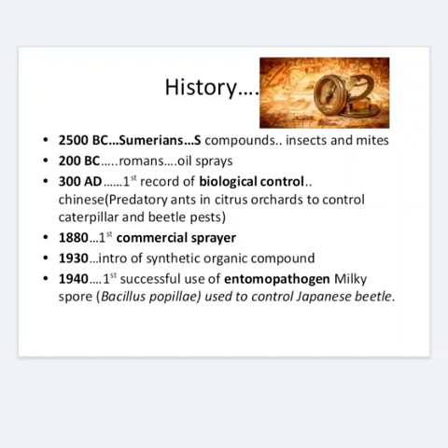Then in 1880, the first commercial sprayer was discovered, and synthetic organic compounds were introduced in 1930. And in 1940, an entomopathogen was successfully used to control the Japanese beetle. What is an entomopathogen? That is a pathogen, any fungus, bacteria, or virus, which is used to kill the pest.